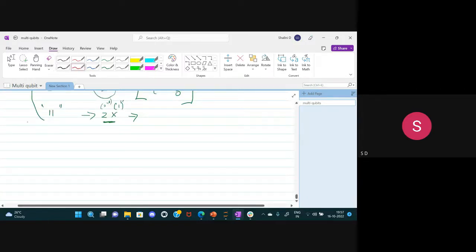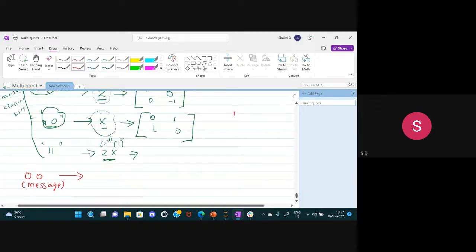If we send the 00 message, or we can say a classical two-bit string, by default the Bell state is (00 plus 11) divided by root 2.